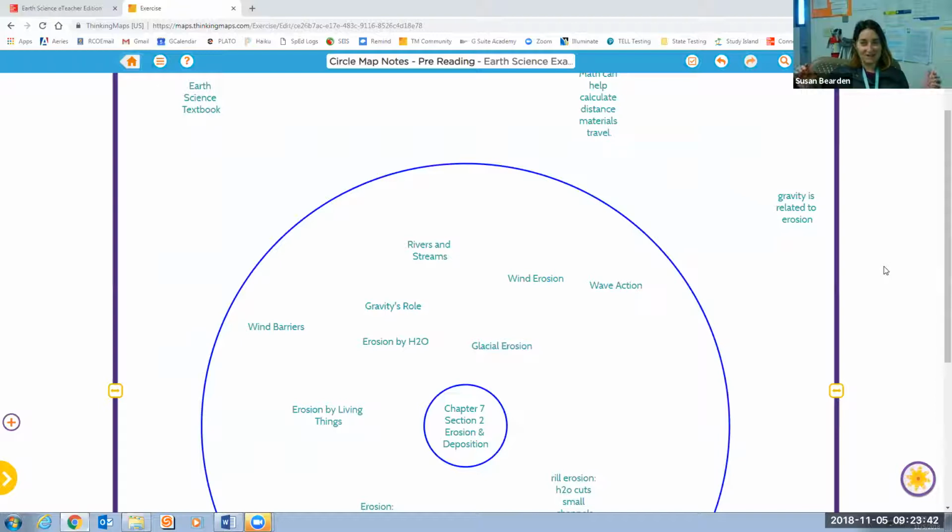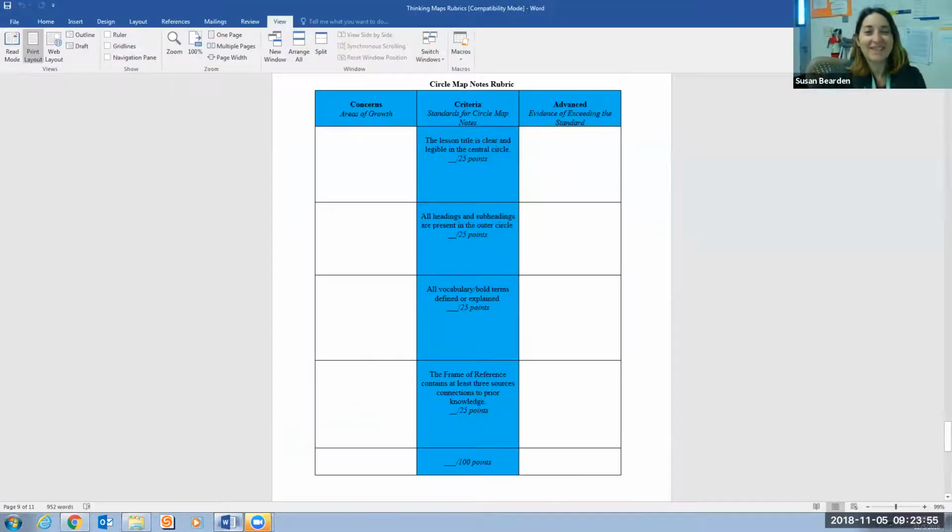But how is the teacher going to know we did this right? How are we going to know we did this right? We need a rubric. Yeah, rubric. Woo! We like rubrics. Okay, I'm going to show you my rubric now. If you've taken any of our other lessons, this rubric might look familiar because they're all very similar. So this is the circle map notes rubric.